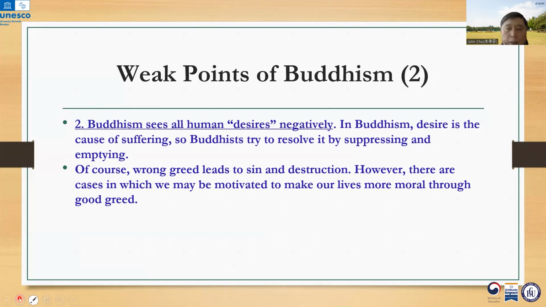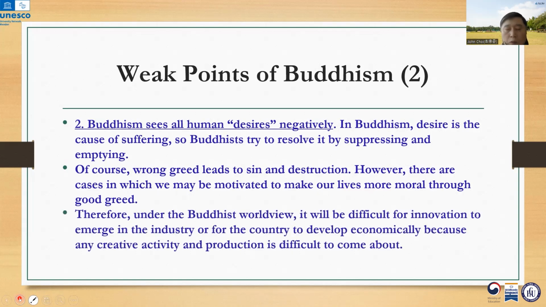However, there are cases in which we may be motivated to make our lives more moral through good greed. Therefore, under the Buddhist worldview, it will be difficult for innovation to emerge in the industry or for the country to develop economically because any creative activity and production is difficult to come about.